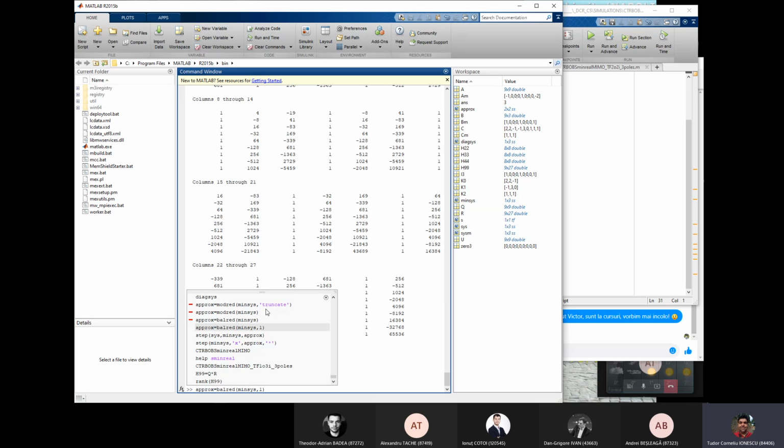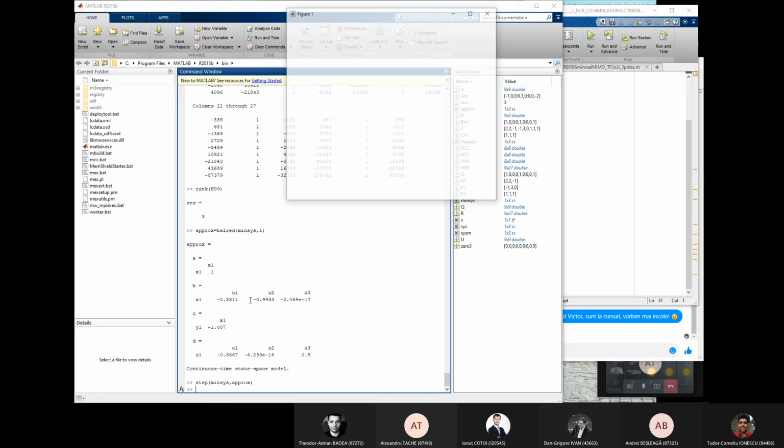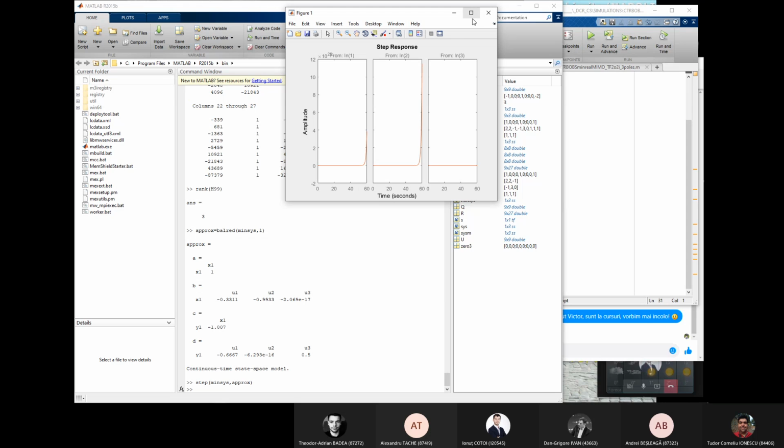We do approx using balanced truncation, which we're going to discuss. And this is the very simple scalar model of everything. Now let's try again the step of min sys and the approx. Let's hope we get something quite visible.